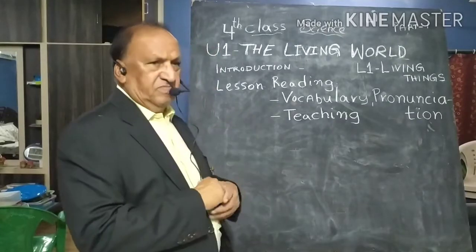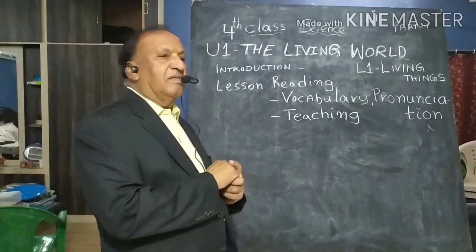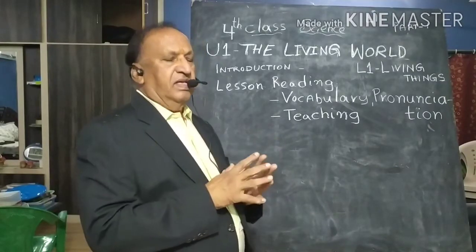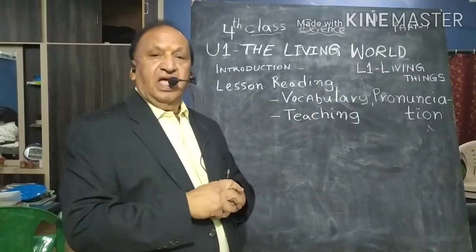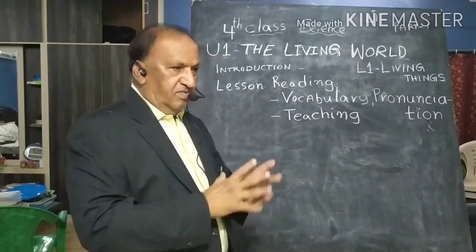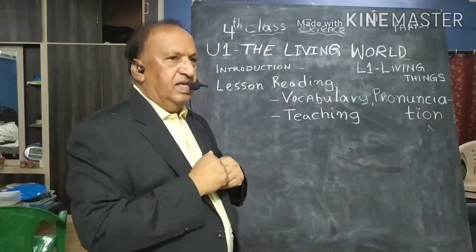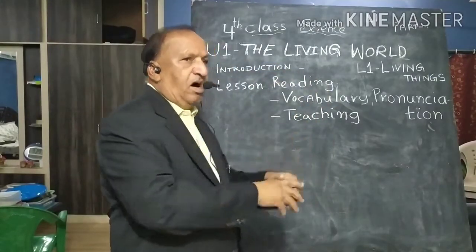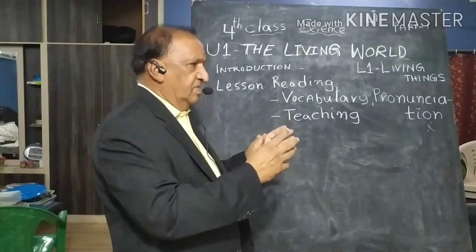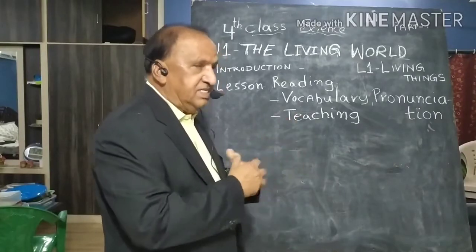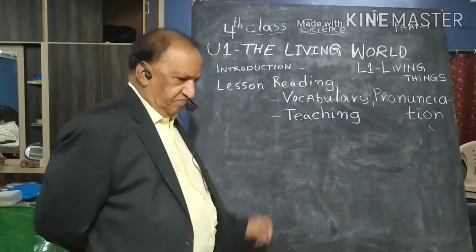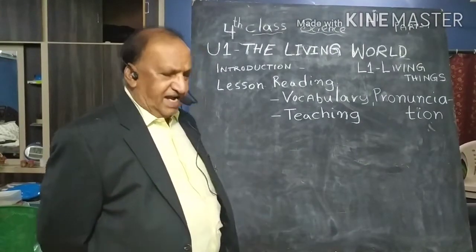Now, I will read the lesson, but before that, I will give you a brief idea about the lesson. Like I mentioned, when you think about a thing, it has to be either living or non-living. Living things are plants and animals.